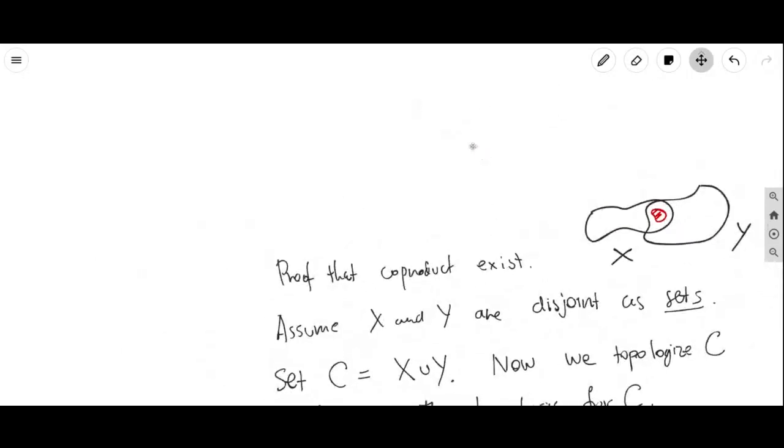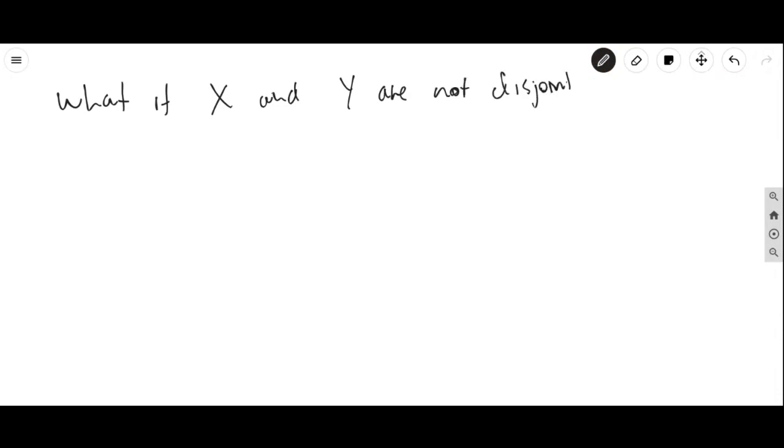And now, what if they're not disjoint? What if X and Y are not disjoint? So you're going to do something very simple.